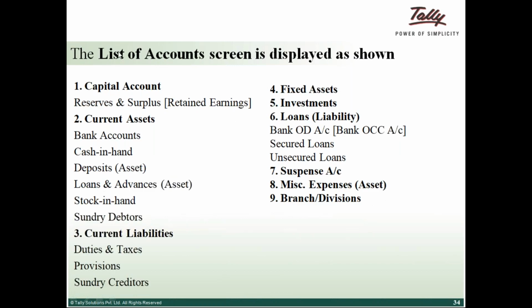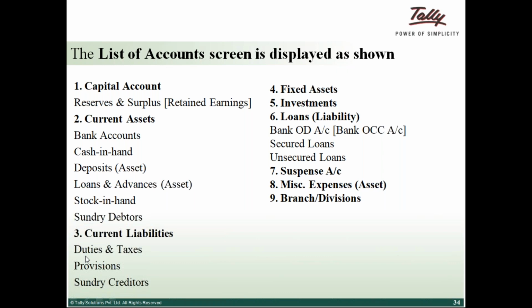In this screen you can see the balance sheet related items. What are the 9 groups? One is capital account. Another one is current assets. The current assets group comes under bank account, cash in hand, deposits and loans and advances, stock in hand, and sundry debtors. These are related to current assets.